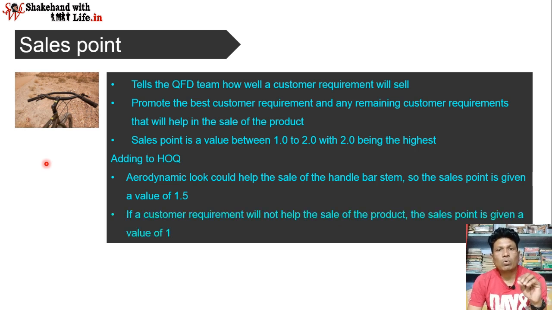This is the sellability. It defines how well a customer requirement helps the sale of the product. So if a customer requirement will not help the sale of the product, the sales point is given a value of 1. So 2 being the highest and 1 being the lowest.